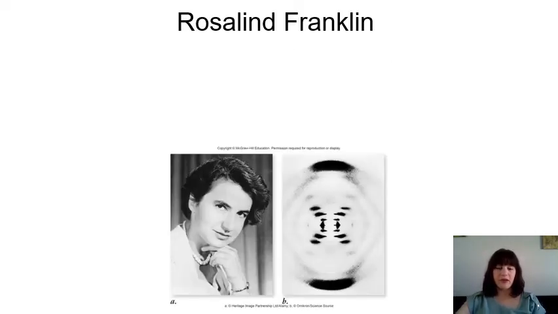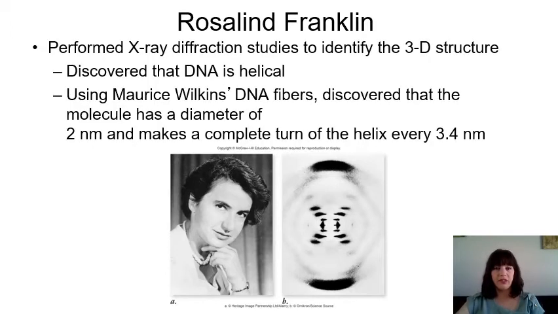I'd like to take a note just to talk about history of science. Rosalind Franklin is credited with helping to determine the structure of DNA, particularly that it is a helical structure. So far we've been looking at it as just kind of a straight strand, but it actually does have this winding helix shape.